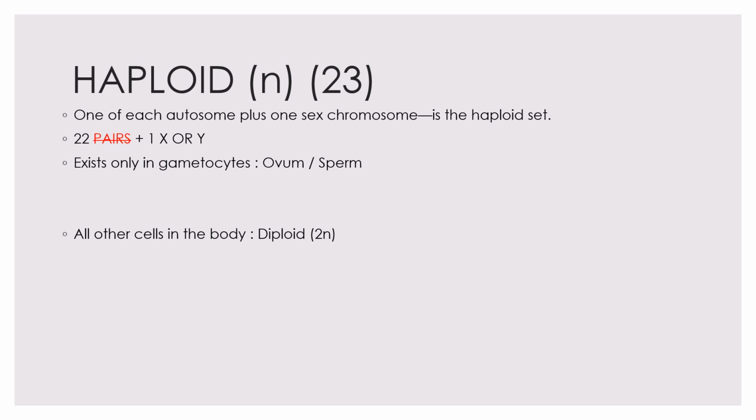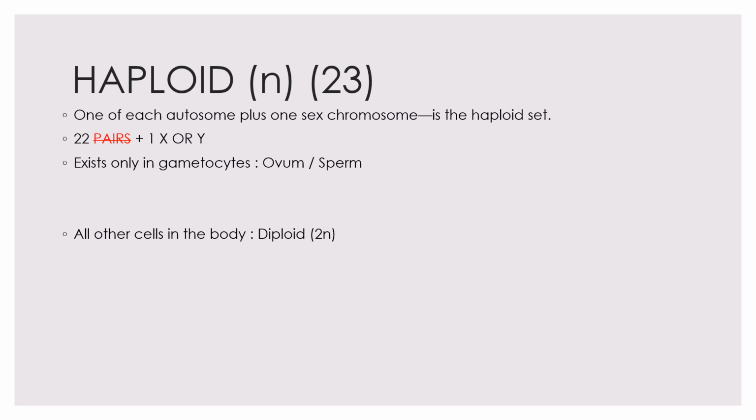That is why when an ovum is being fertilized by a sperm, 23 chromosomes from the sperm fuse with an ovum which has 23 chromosomes, and now they make 46 chromosomes. Okay, out of which, of course, 44 are autosomes and 2 are sex chromosomes.